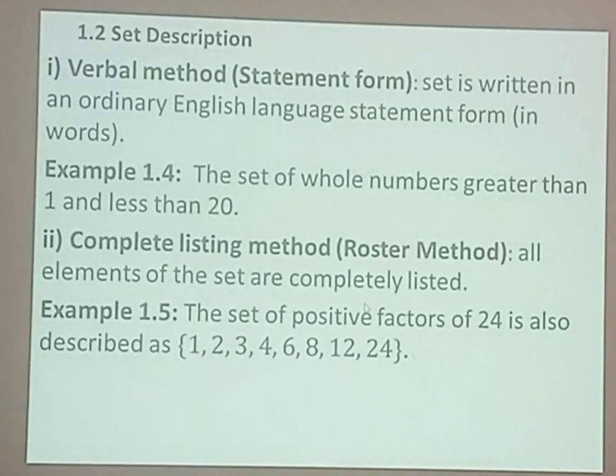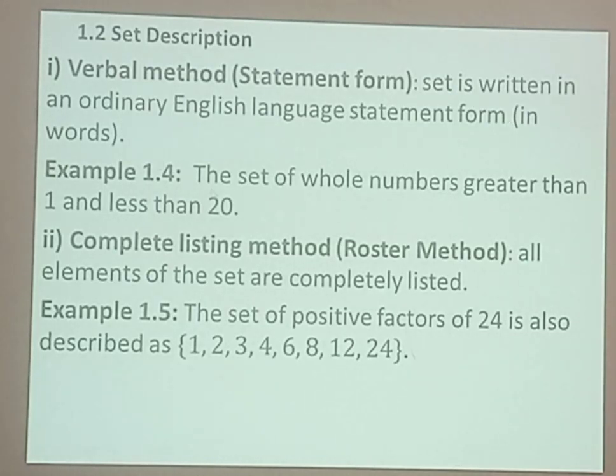The next topic is about set description. We describe sets with four methods. The first method is the verbal method. That means we make a statement form, or the set is written in an ordinary English language statement. That is, we can represent the set description with the verbal method in English language or in words.